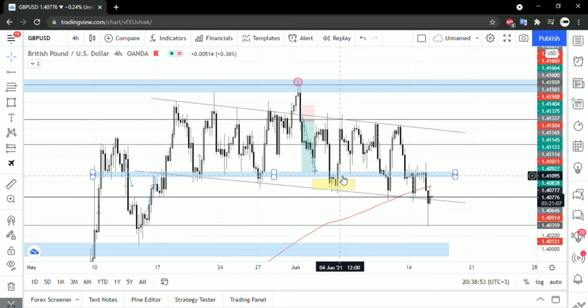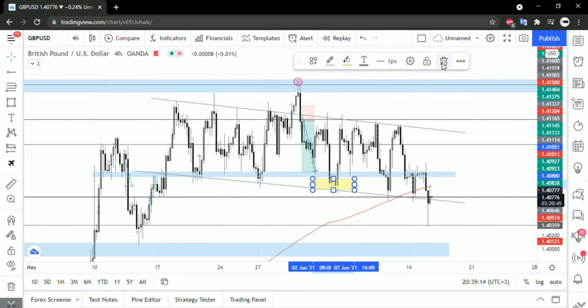Once it breaks out above this level, then you're comfortable to take a buy or a sell, depending on which direction the pattern is headed. So here we would have been able to catch a lot of pips to the upside, because as you can see, this double bottom pattern formed really nicely there.